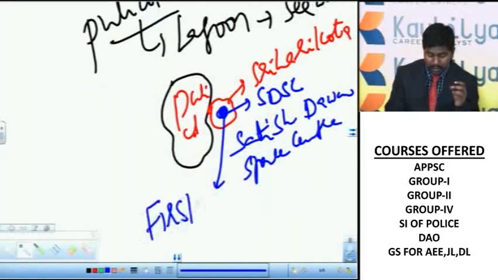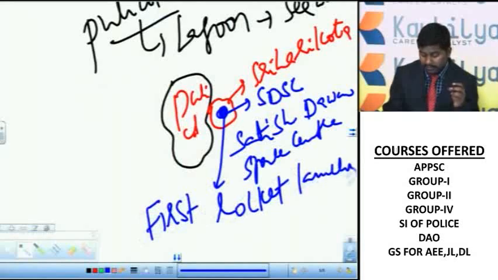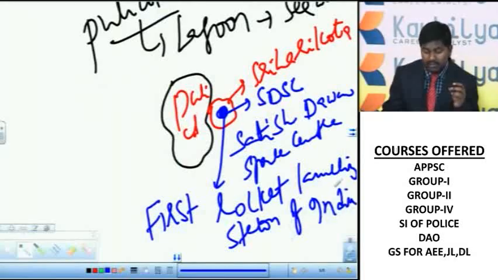So beside the Pulicat Lake there is Sriharikota Island, where there is SDSC, Satish Dhawan Space Center, and it is known as the rocket launching station of India, from where we are launching our satellites. Okay. So this is about the Kolleru Lake and the Pulicat Lake, located in Nellore district beside the Penna Delta region.